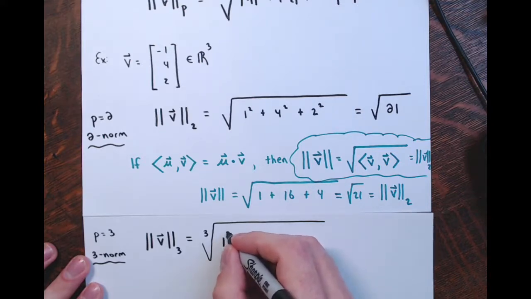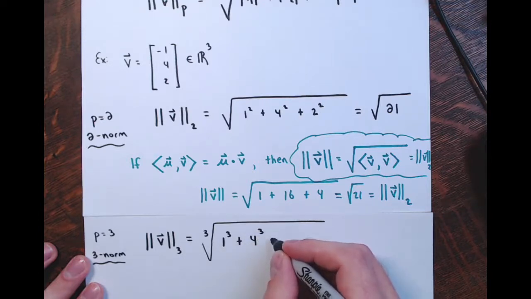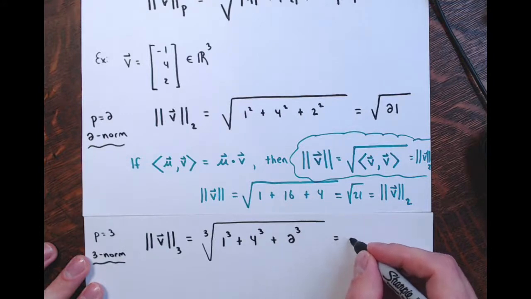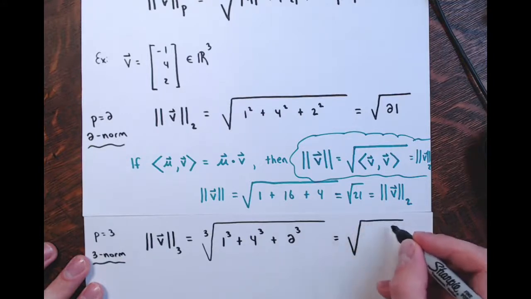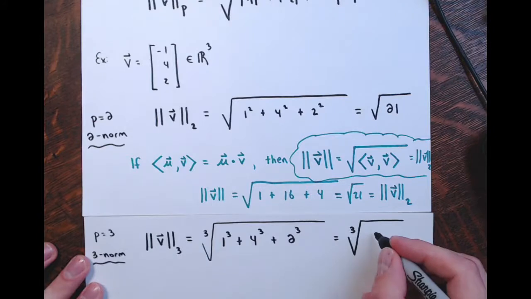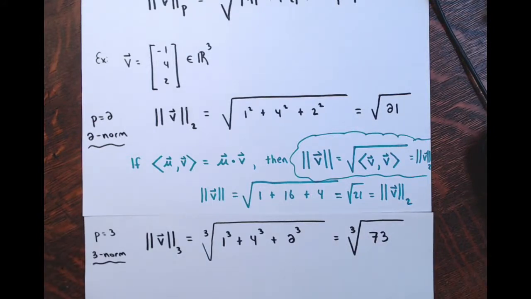So 1 cubed plus 4 cubed plus 2 cubed. So this would be the cube root of 1, plus 64 is 65, plus 8 would be 73. The cube root of 73, and there's the p norm.